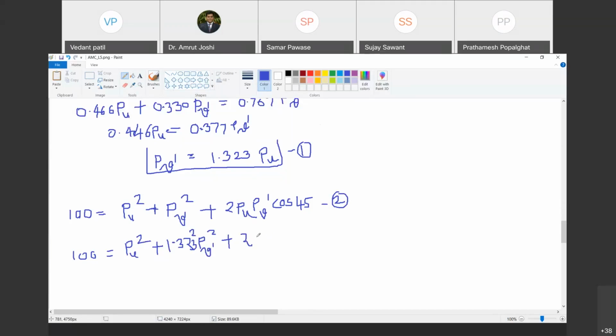Into 1.323 PU square cos 45 PV dash square. Do you agree with me?